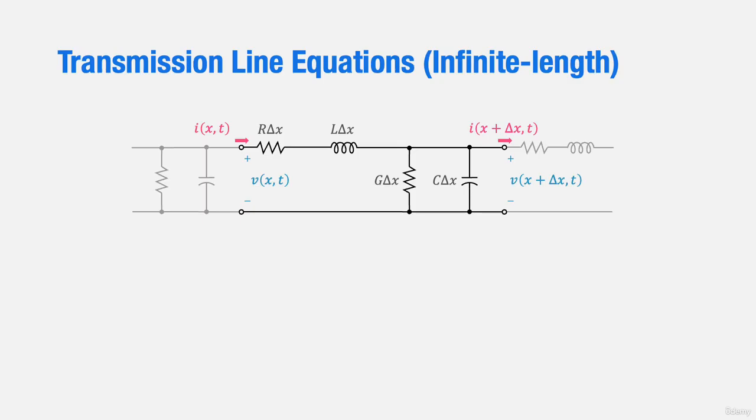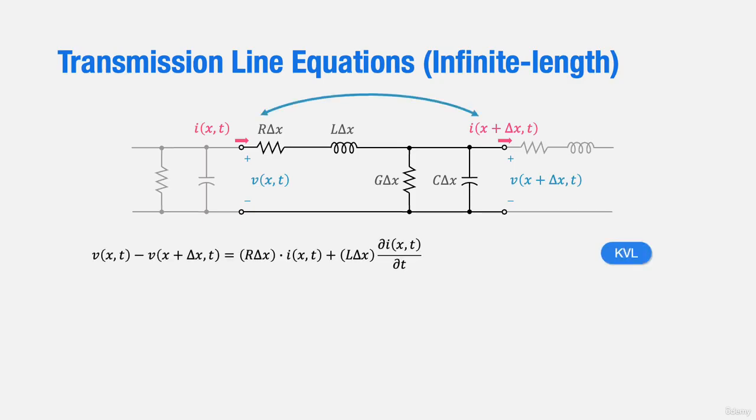In this circuit model, the voltage difference between the nodes at position x and x plus delta x is equal to the voltage drop generated by the current flowing from the left through the resistance R times delta x and the inductance L times delta x.